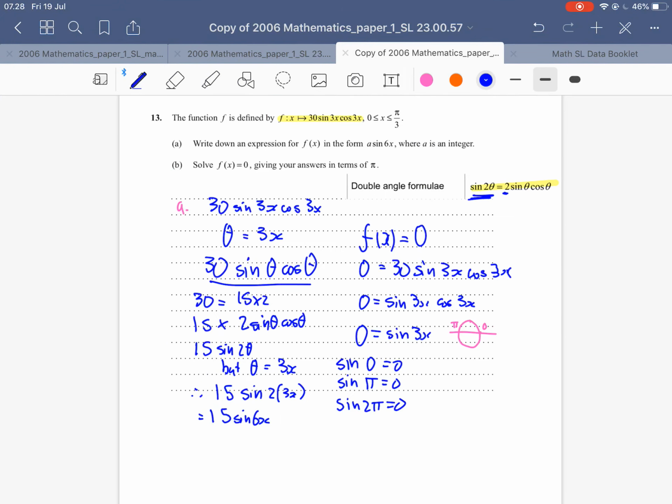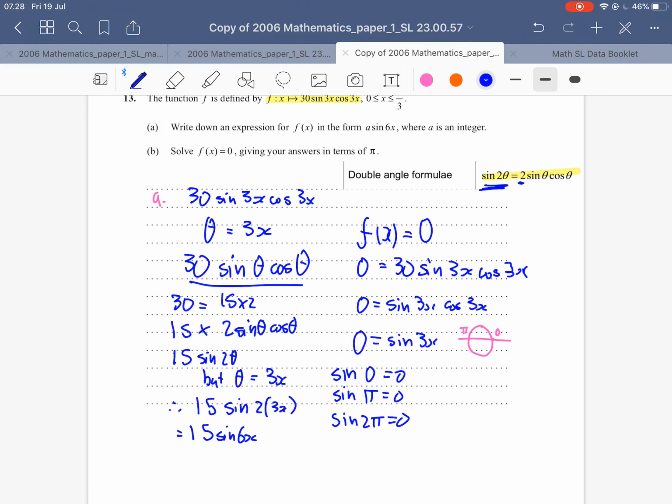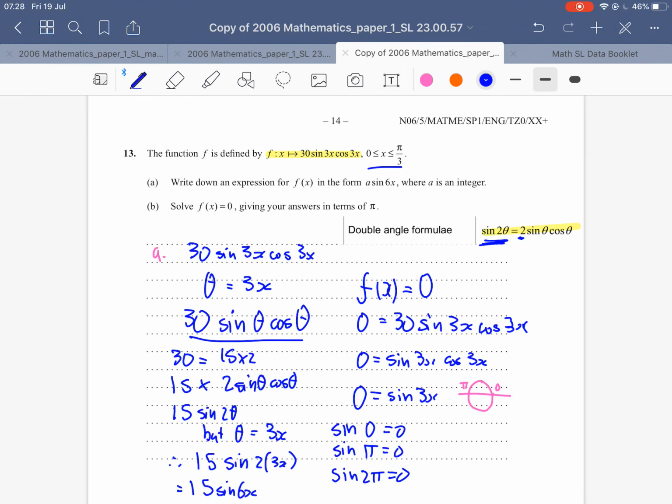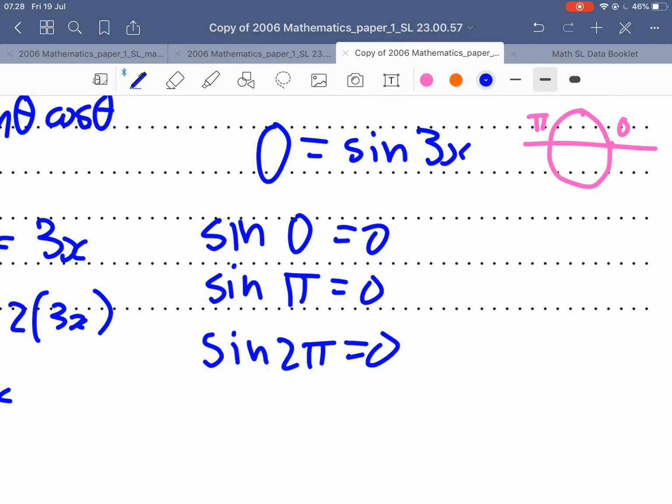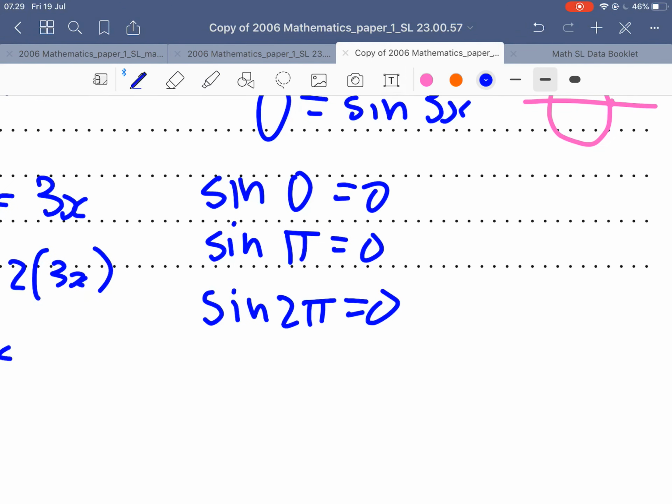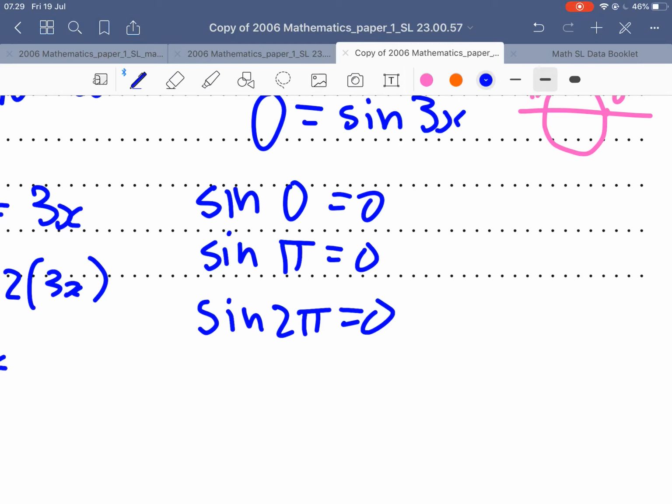What's our range? We just check. Okay, it's a pretty small range, only up until pi on 3. So we have these values of angle: 0, pi, and 2 pi.